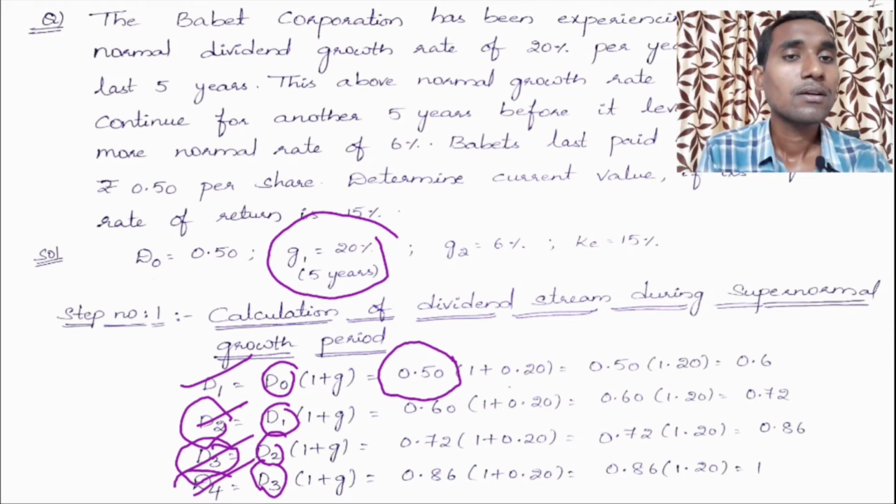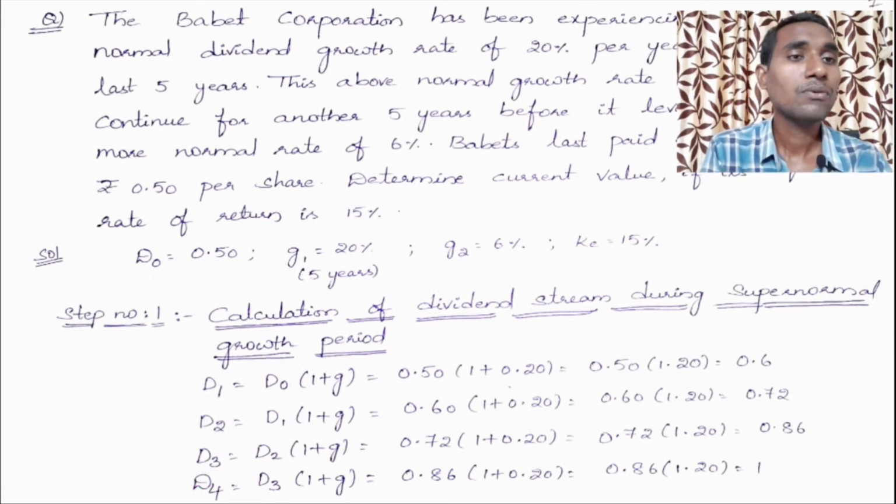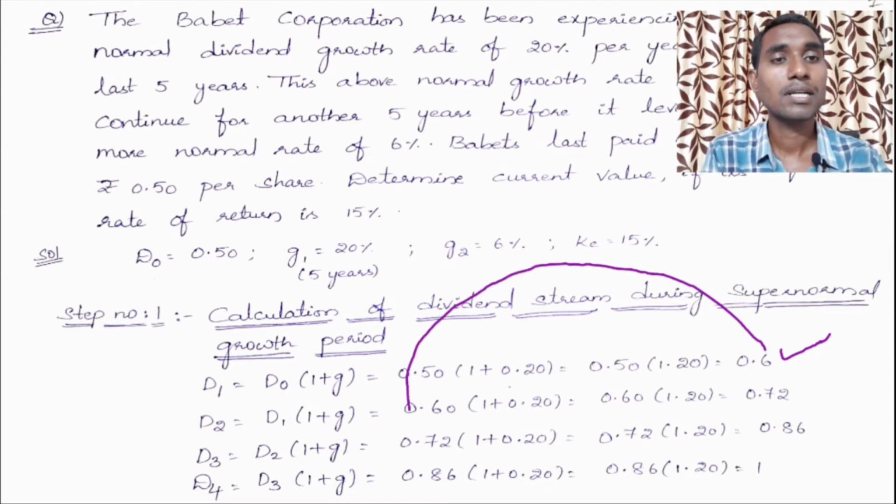So what you need to do is apply this in the formula. D1 is equal to D0 into 1 plus G. I found D1. Then you need to bring it here and use it to find D2. Again you need to find D2 and bring it here to find D3.